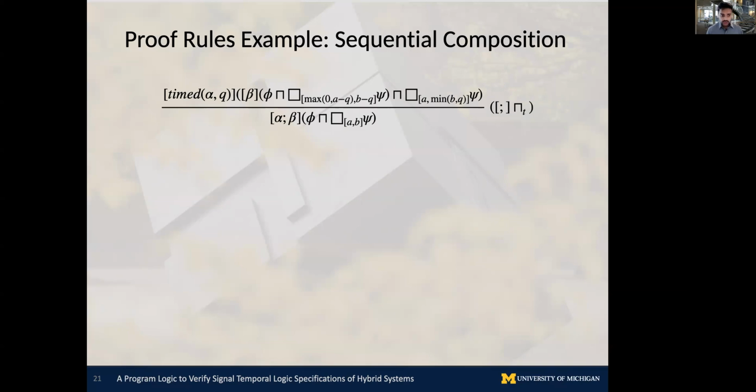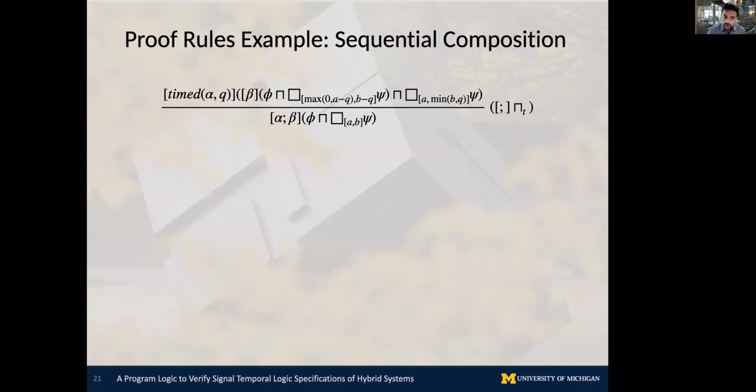One quick note on the notation used on the slide: this timed alpha q is equivalent to executing this program alpha and then timing how long it takes for alpha to terminate, following which this time taken for alpha to terminate is output as a fresh variable q. This notion of timing hybrid programs is introduced and explained in detail in the paper, but here I want to note that this sort of timing is essential to having sequential composition work with STL temporal specifications in our logic, as I will indicate in a bit.